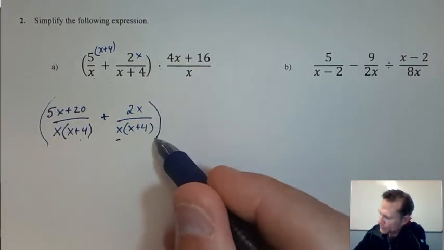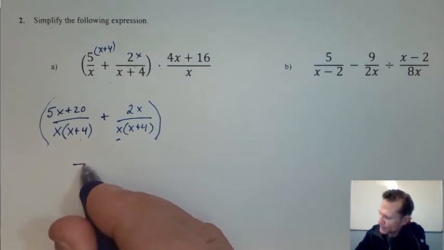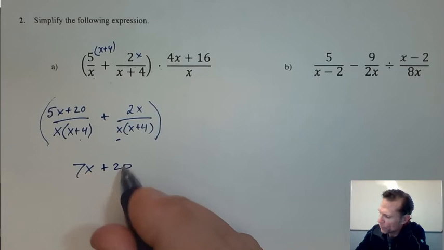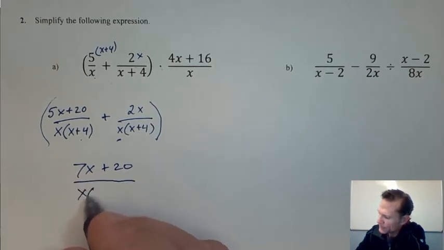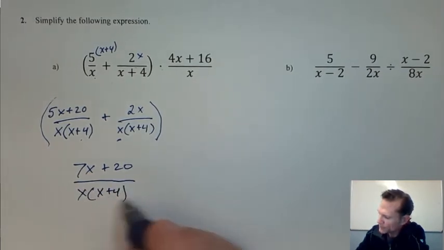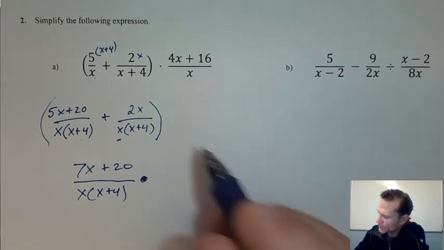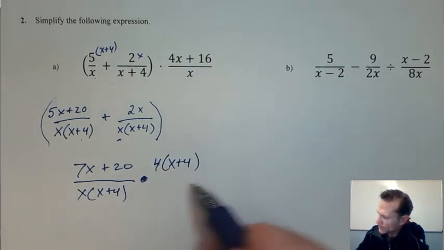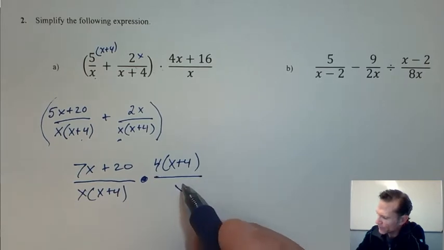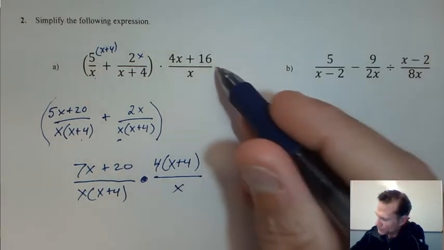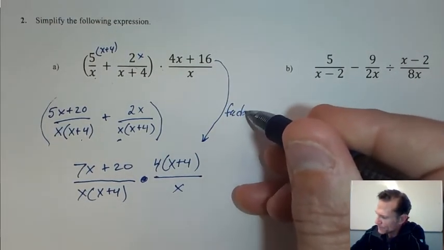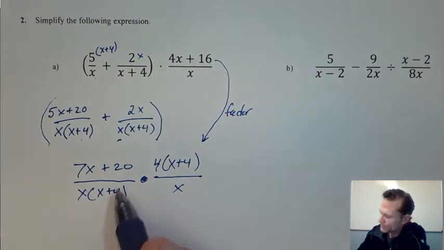I'm going to put this stuff together. I got 7x plus 20 over x times the quantity x plus 4, and then that's going to be multiplied by 4x times the quantity x plus 4 and x. Now you might have asked yourself, what just happened here? Well, I factored it, okay? All right, so that's factored.